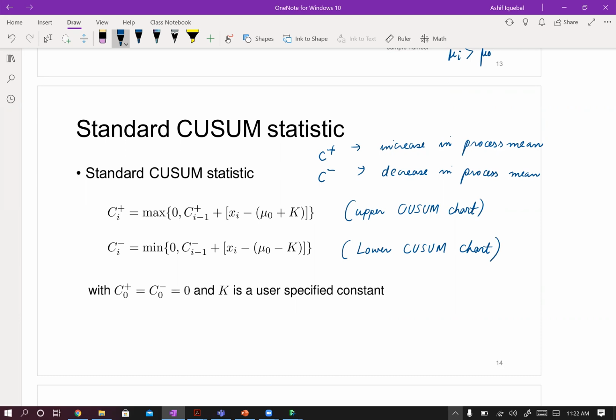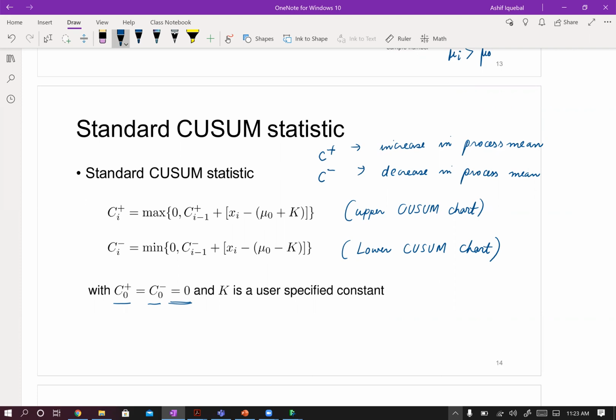And just like the previous case where C0 was 0, here we will have C plus 0 as well as C minus 0 equal to 0. This is how you initialize the CUSUM control chart.